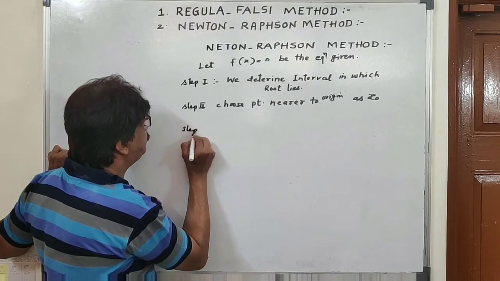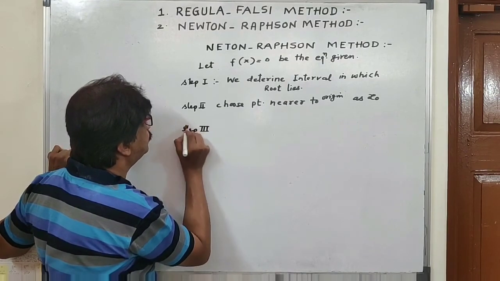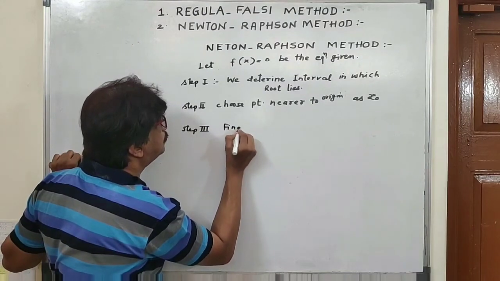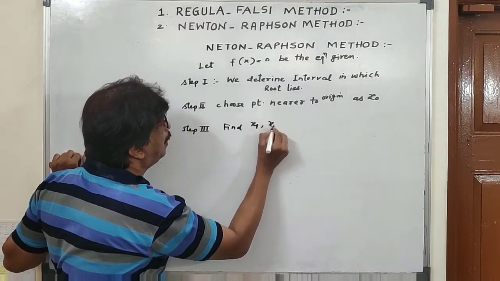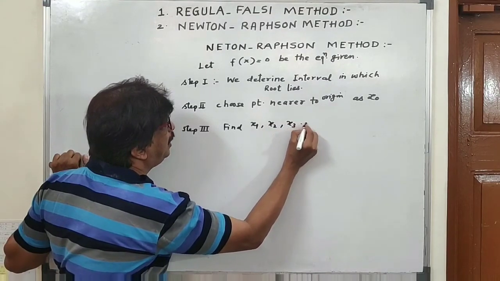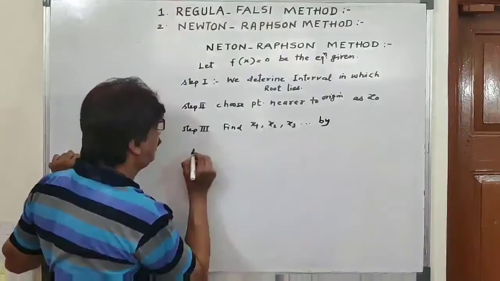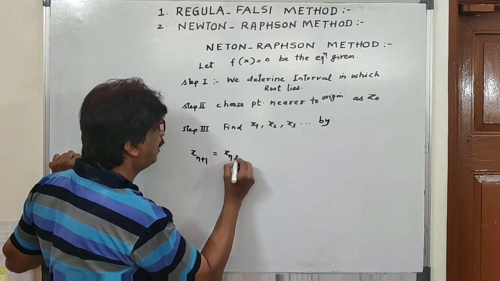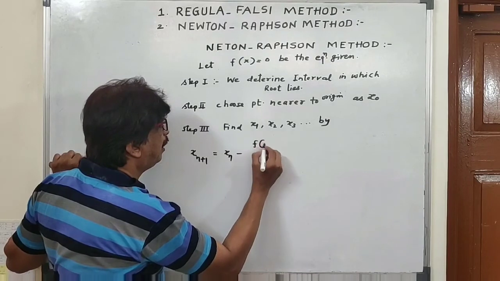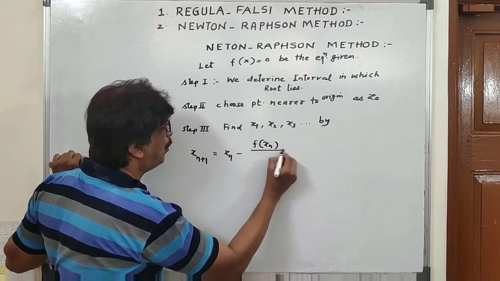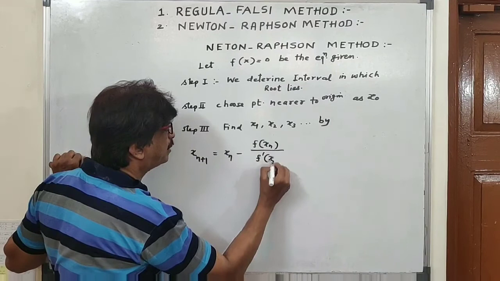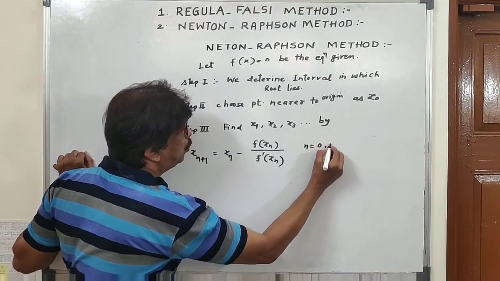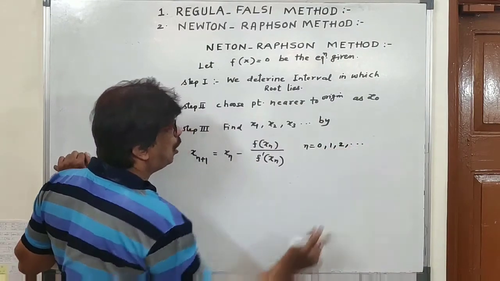Step 3. Find x1, x2, x3 by the formula: xn plus 1 is equal to xn minus f of xn upon f prime of xn, n equal to 0, 1, 2, 3 and so on.